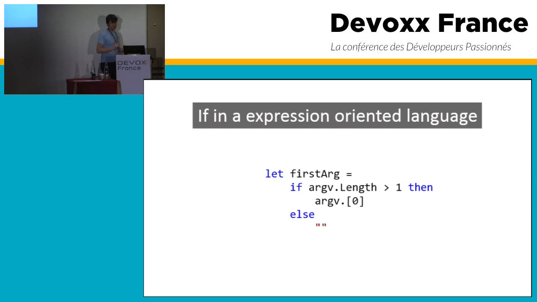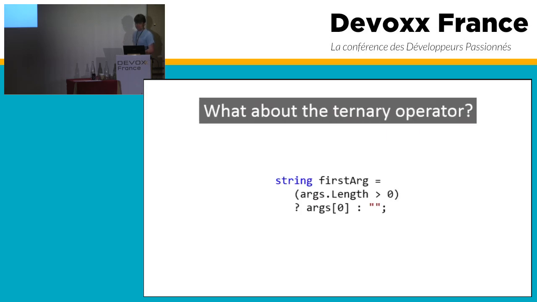And notice in this case that the argument can never go uninitialized, which is something that will save you a huge amount of problems. And when I show people this, they always say, yeah, but we have the ternary operator in our imperative languages, so we can do the same thing.